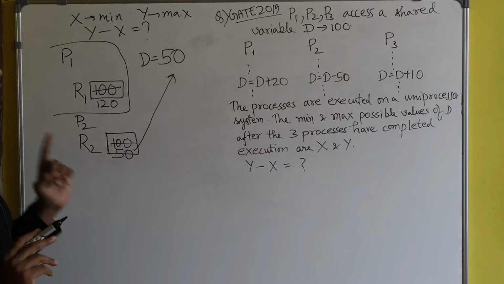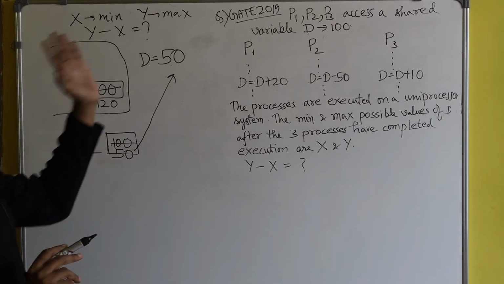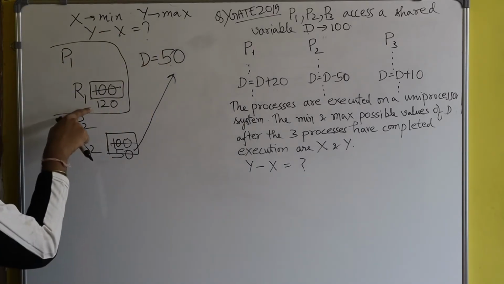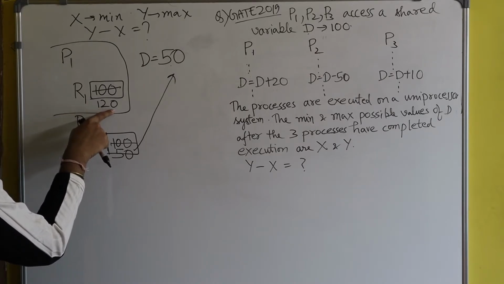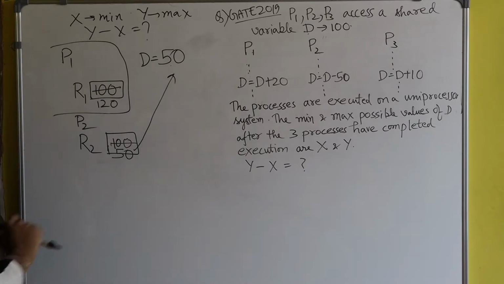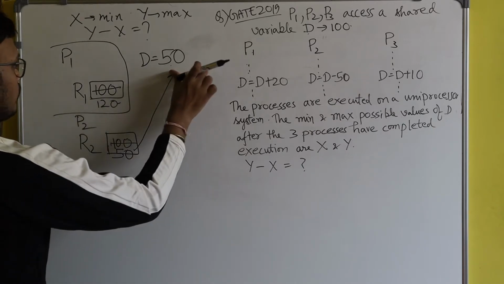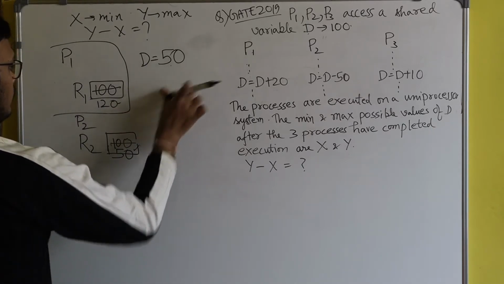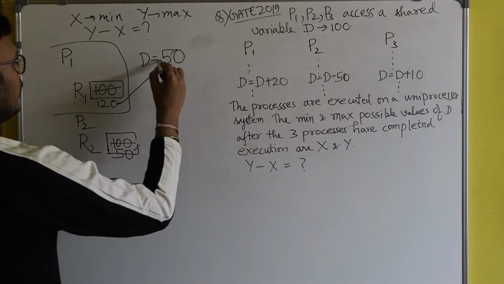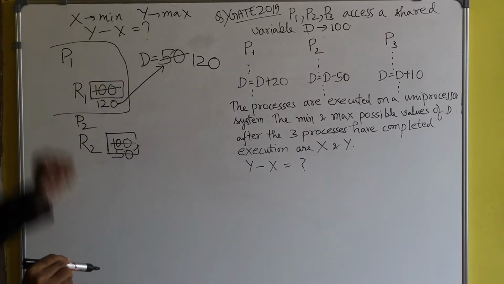The only operation left for P1 is storing the calculated value back to D. P1 had calculated the value in R1 as 120, so now P1 will store it back to D. This time, you see what will happen: D will contain 120.